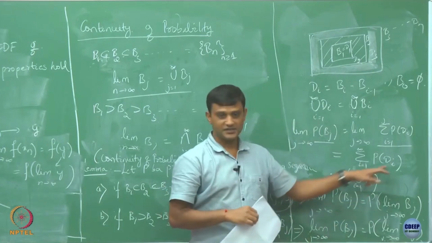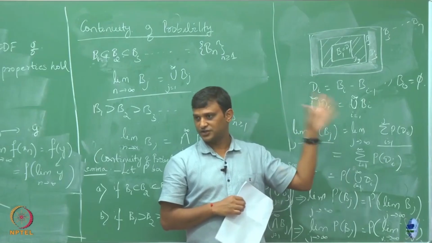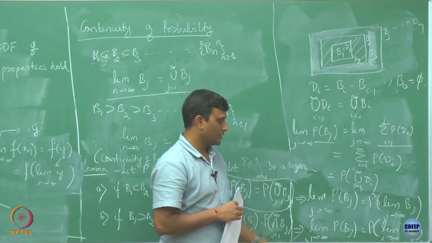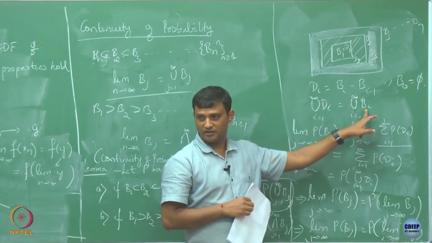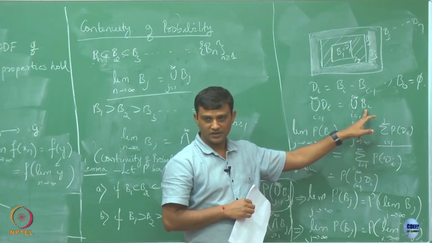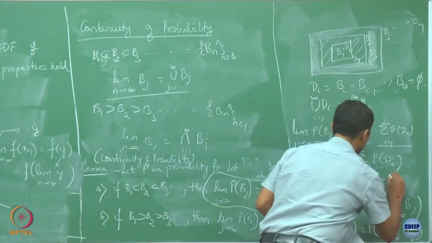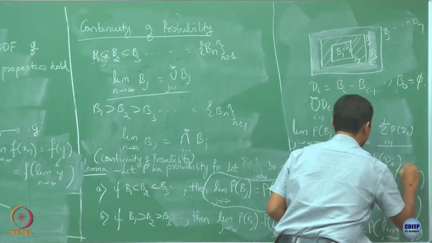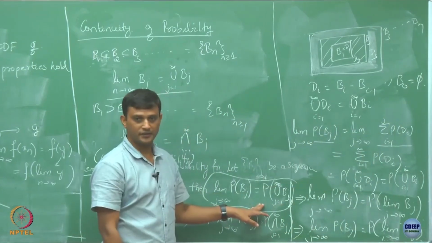This is just the meaning of sum of probabilities of disjoint sets. Now we already know that this union is nothing but union of Bi because they are covering the same set of elements. So this should be equal to the probability of union of Bi, i equals 1 to infinity. And this is what we wanted to show here, right?